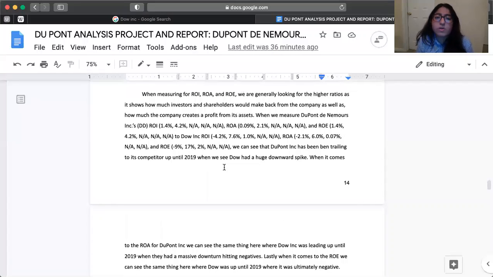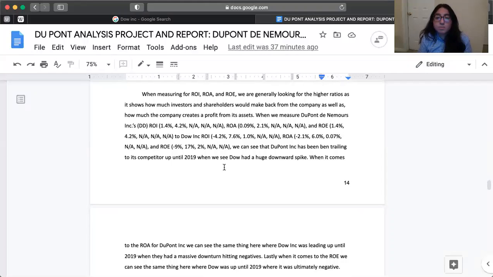And when measuring for ROI, ROA, and ROE, we are generally looking for the higher ratios, as it shows how much investors and shareholders would make back from the company, as well as how much the company increases a profit from its assets.